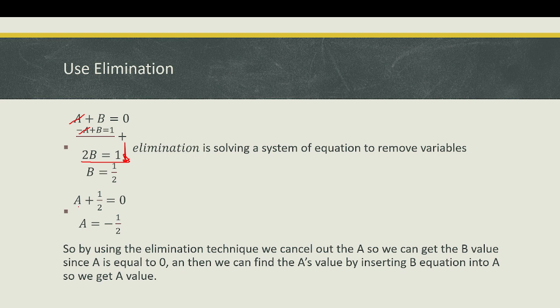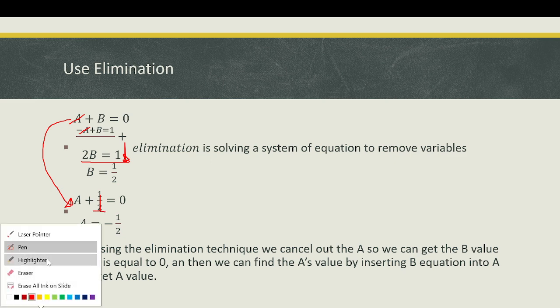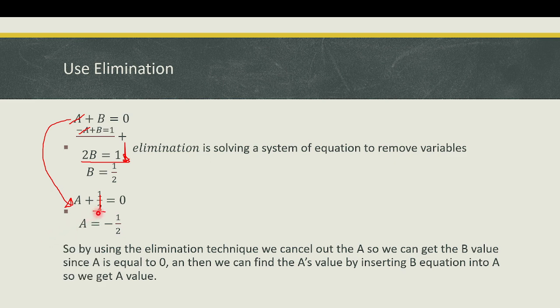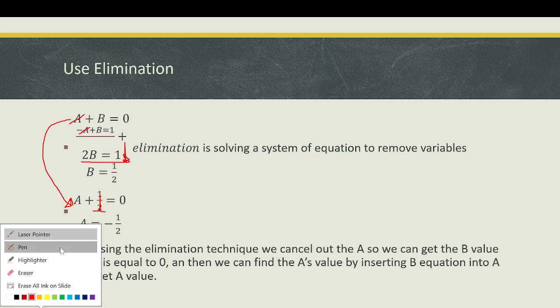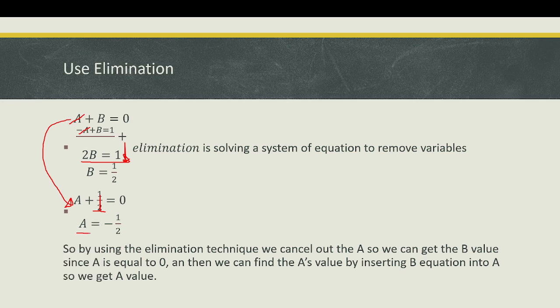We're using this equation: a plus b, which is 1 over 2 here, is equal to 0. So that's how we get a is equal to minus 1 over 2. That's how we get a.